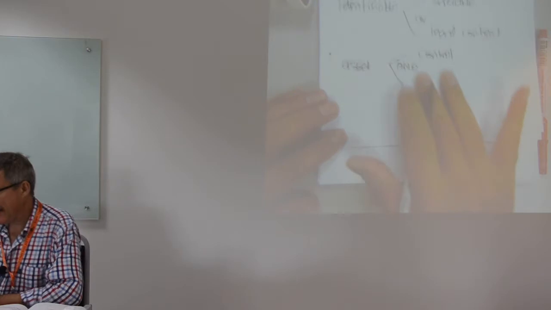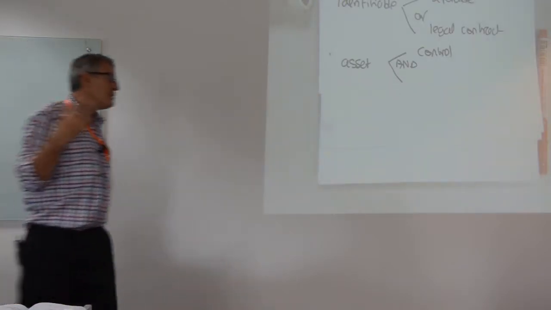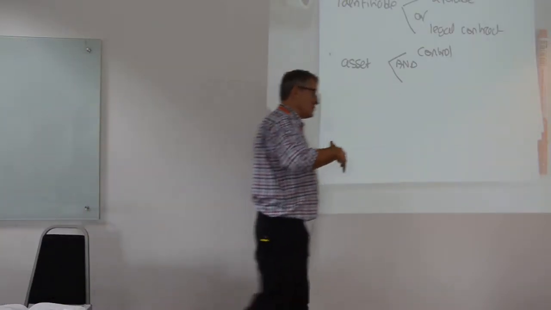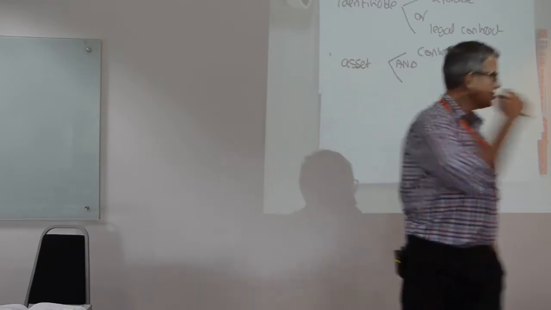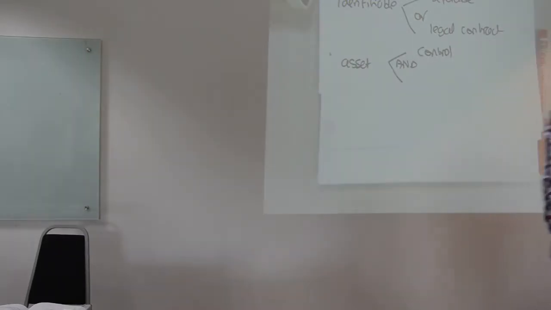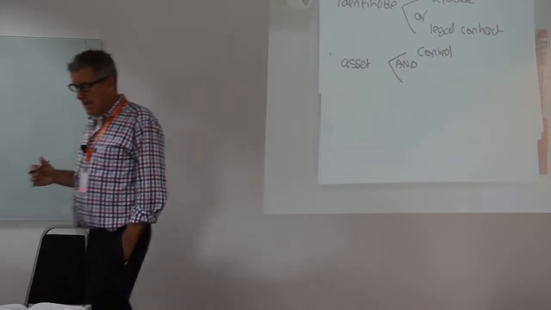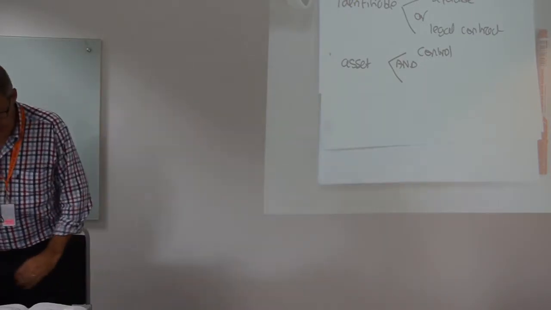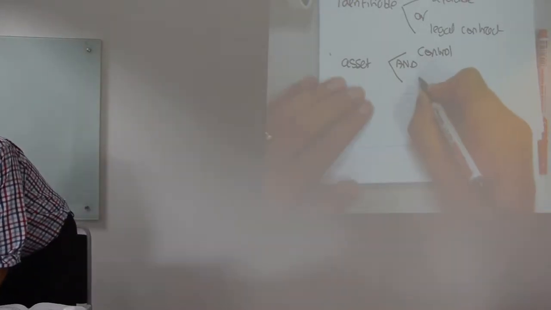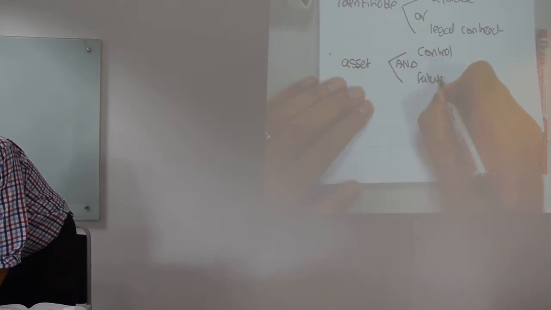If we think about the framework, it says that an asset is a resource that we control as a result of past transactions or events that will give us future economic benefits. Control. And tied up with that is the idea of risk and reward. So an asset is something that we control and gives us future economic benefit.